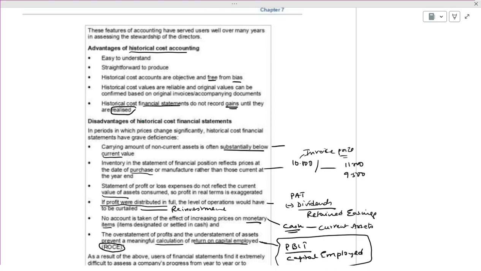Objective and free from bias, reliable, and original values come from invoicing. Historical records do not record gains.